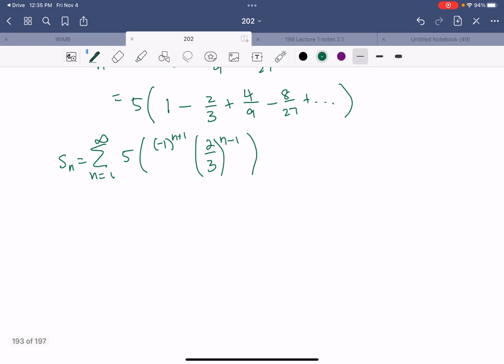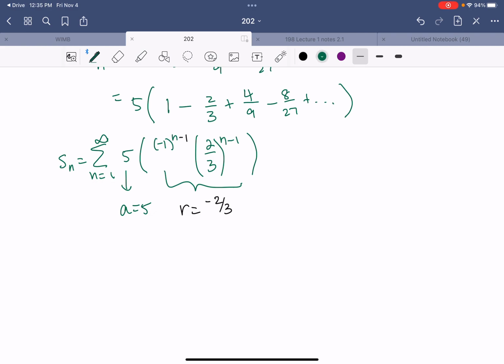So does this fit? That means that 5 is my a. And actually we can change the exponent so that the -1 matches, so this is n minus 1 as well, right? If you plug in 1, 1 minus 1 is 0, -1 to the 0 would be positive. So it starts out at the right term. Okay, so that means that my r is equal to -2 over 3.